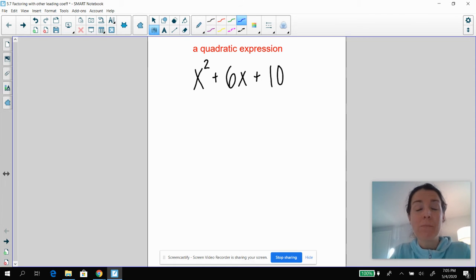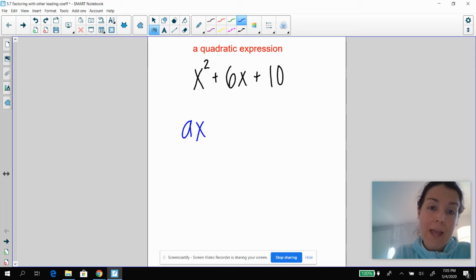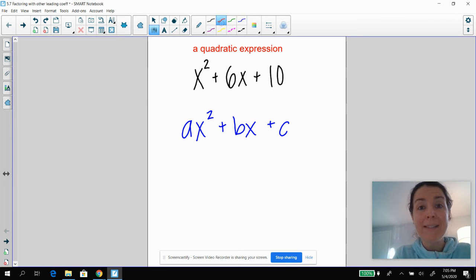A quadratic expression is called that because we've got an x squared term. So anything with an x squared term is considered a quadratic. And if we write quadratic expressions in their general form, we write them like this: ax squared plus bx plus c. And a, b, and c just stand for the coefficients.